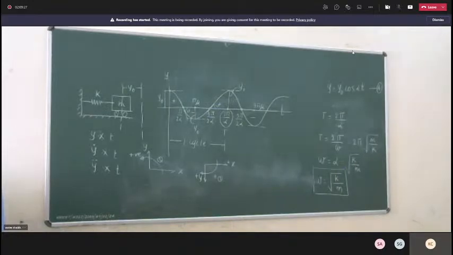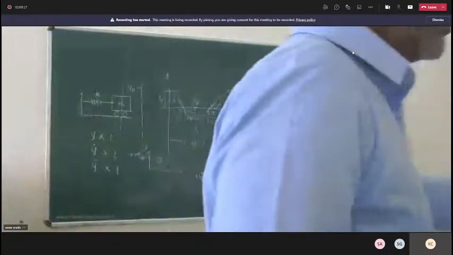Now, my question to you, and that problem I'm going to give you for assignment. If I give both initial velocity as well as initial displacement, how will the graph be? Graph of displacement versus time. Correct plot.